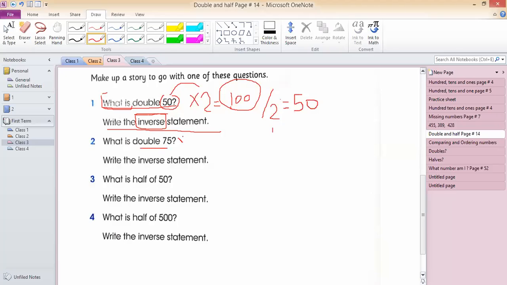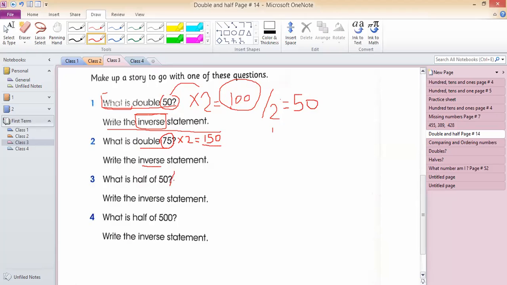You multiply 75 by 2 and you get the answer, that is 150. Then you do the inverse. Instead of double you find half. What is half of 150? For that you divide 150 by 2, and you again get the answer, which is 75.